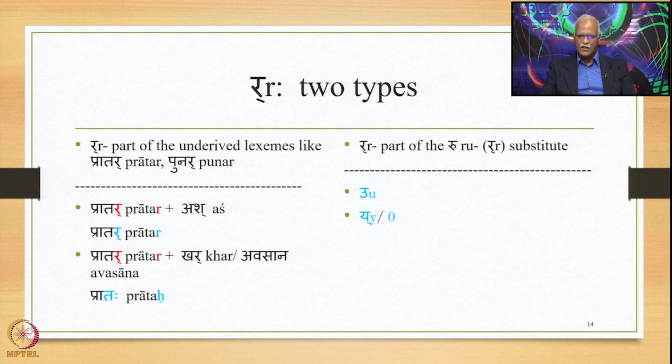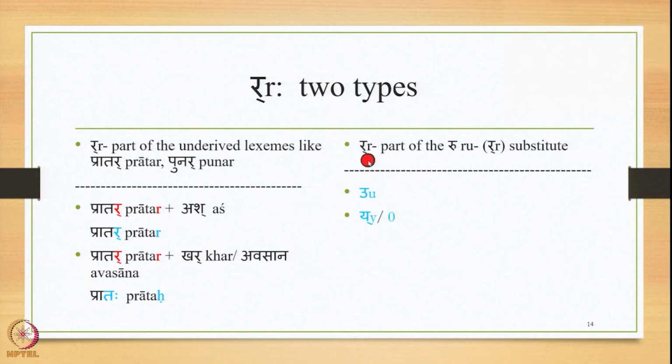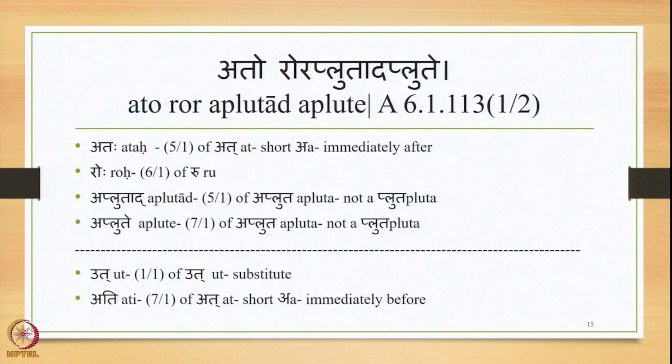So, in Swadi Sandhi, we primarily study this second part, the second type of ru, which is the substitution in place of s, and then this ru or r gets substituted by either u or by y or by deletion. This is what is Swadi Sandhi, and this is what we are going to study now.